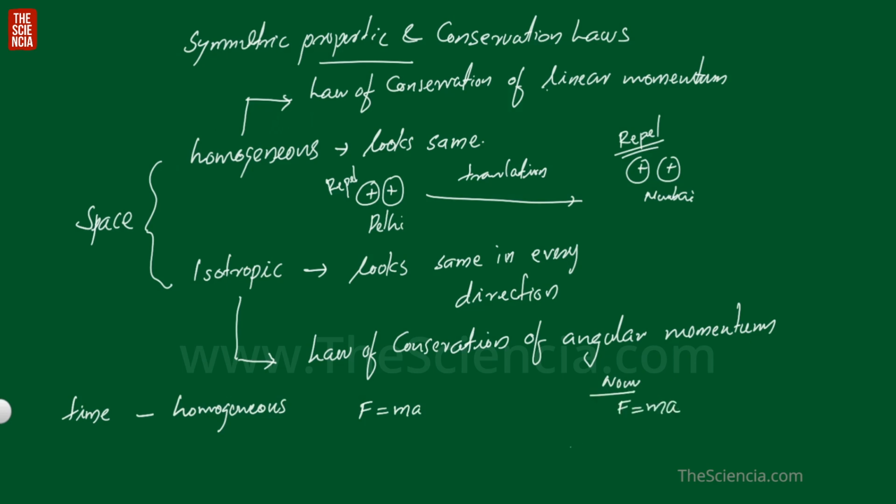So physics is not changed by time translation. Even now this equation is valid, and this symmetric property leads to a conservation law, that is, the law of conservation of energy.